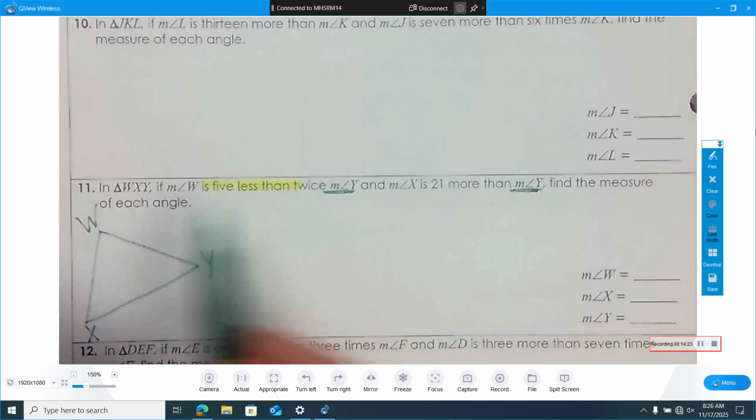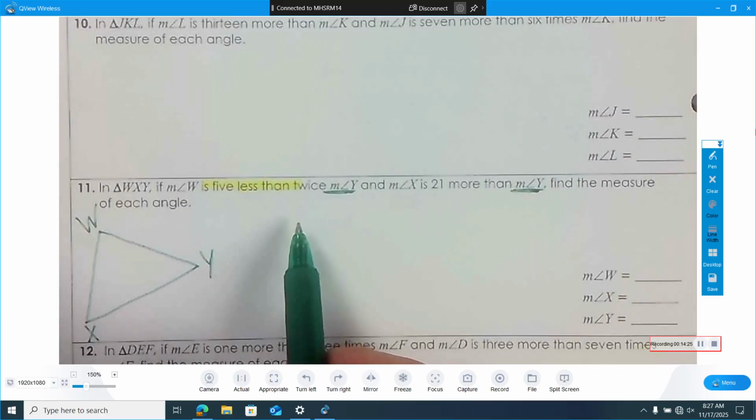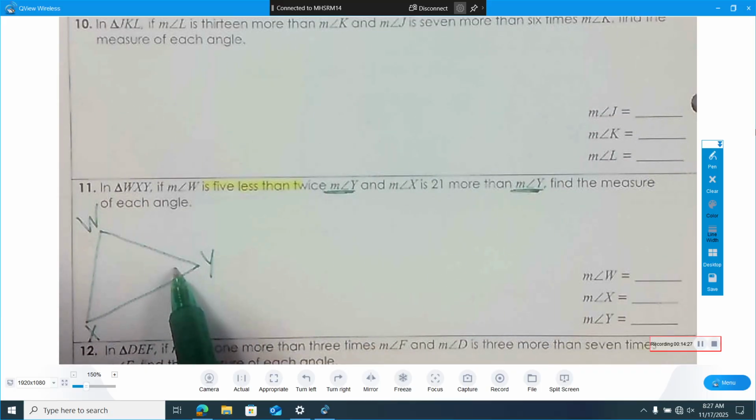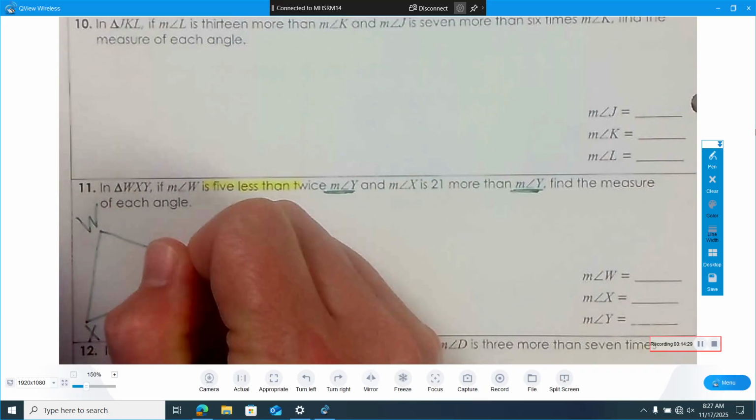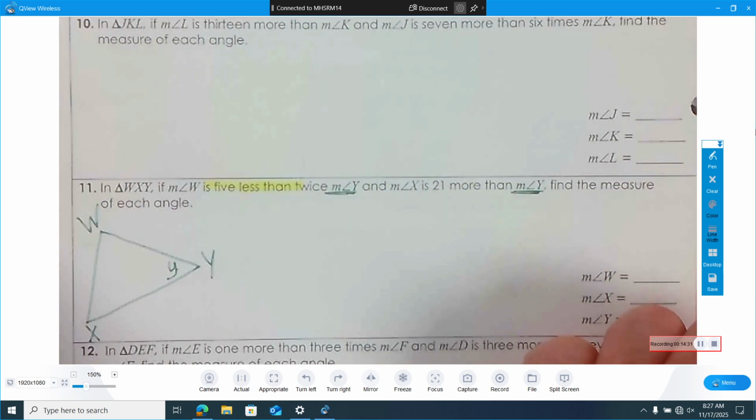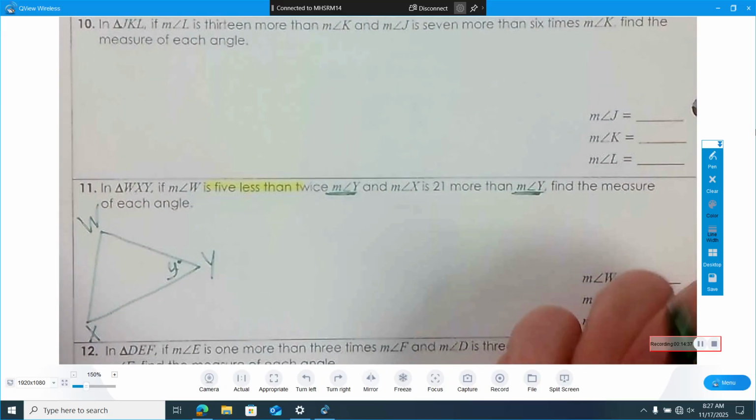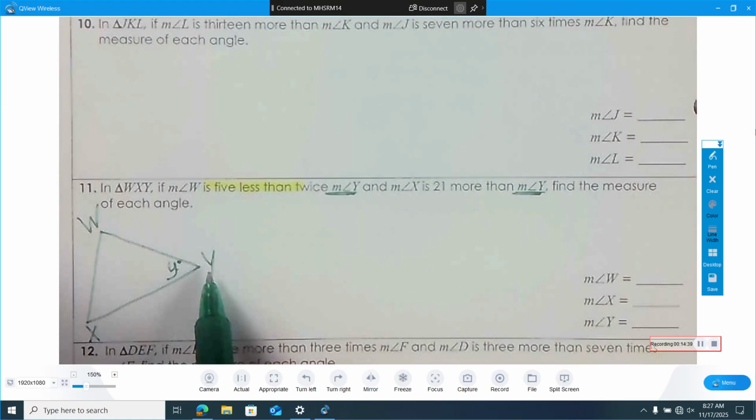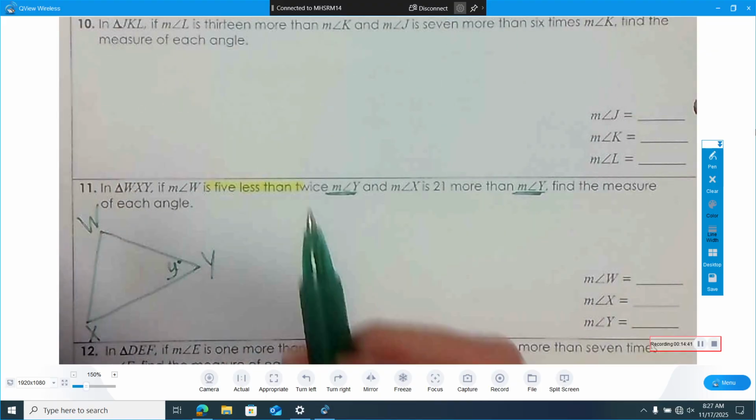No. And did they tell us anything about the measure of angle Y? No. So the measure of angle Y is unknown. Since we don't know what it is, can we just call it y degrees? Because they keep referencing it. Yeah? Okay.